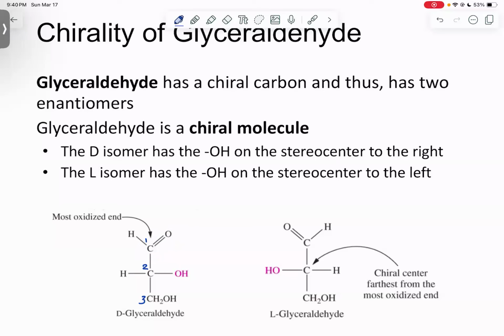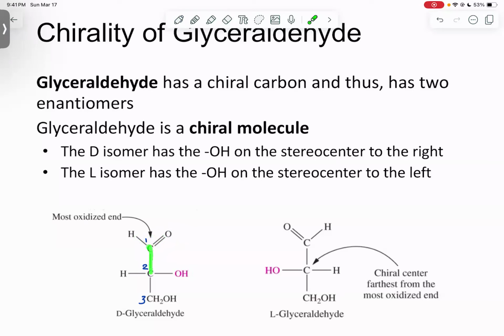So what I want to do is look at each of the carbons inside of my glyceraldehyde and determine how many are chiral. If I look here at carbon number 1, it has 1, 2, 3 different things attached to it, so it can't be chiral because it doesn't have 4 different things attached to it. I go to carbon 2.